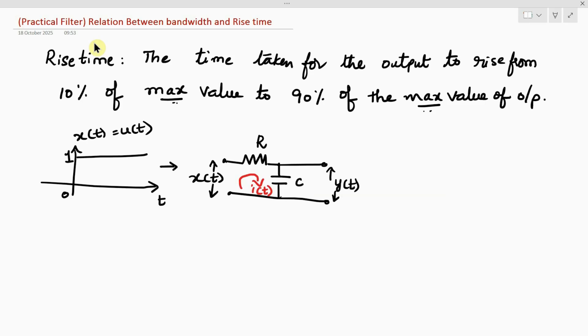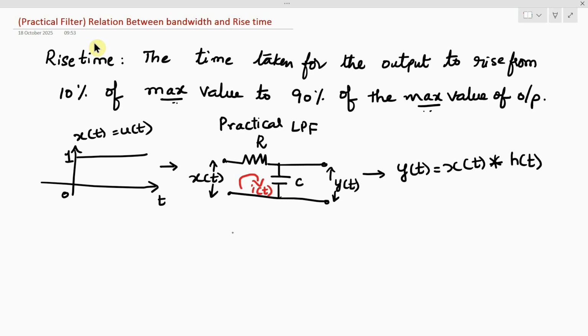And the output, obviously, we find as the convolution between input and impulse response. Okay, so this is a practical low pass filter.